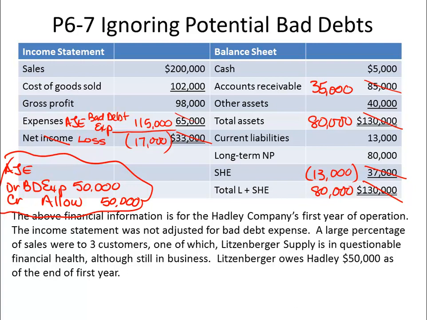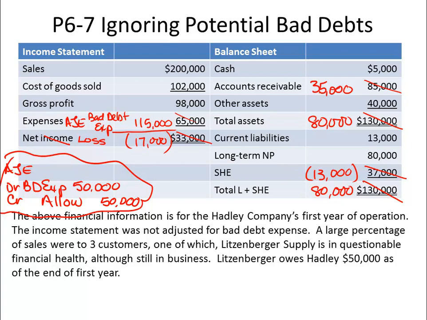So if they include that $50,000 in the balance sheet and the income statement, these are the results. But if any reasonable person knew that $50,000 of their receivables was to a sketchy customer, they probably would make different decisions about this company.